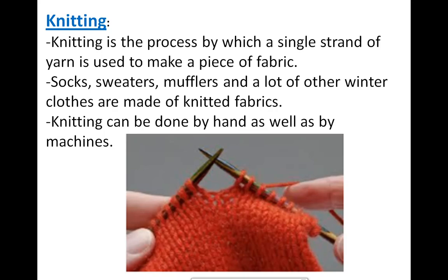After the knitting process we get fabric, and from that fabric we make our clothes. From fiber to yarn, from yarn to fabric, and from fabric to any of your clothes that you have.